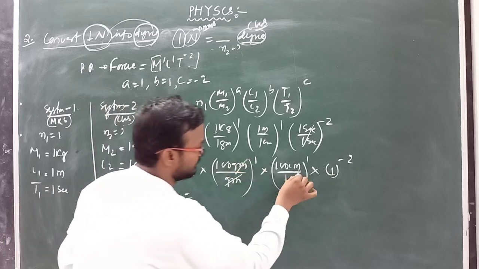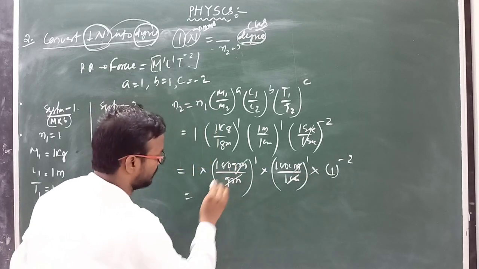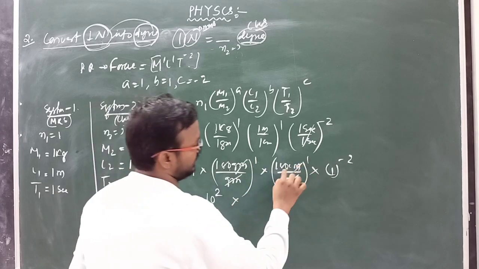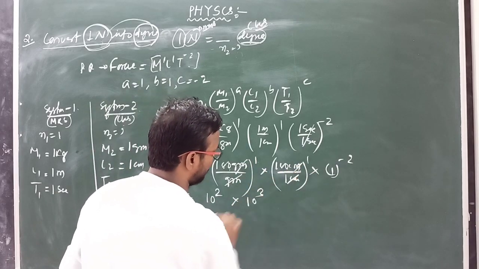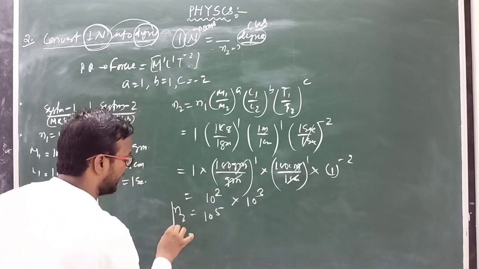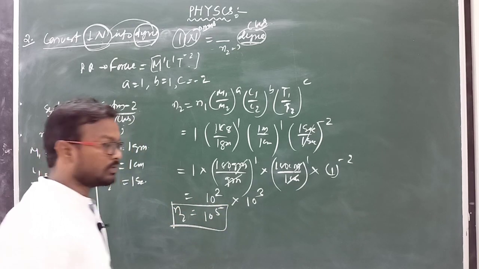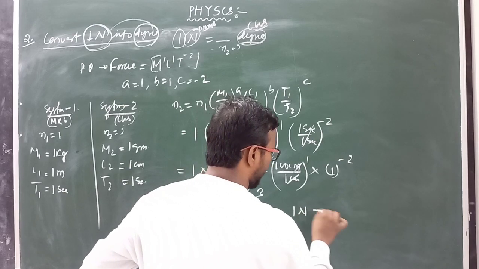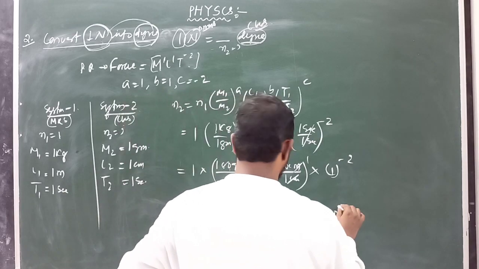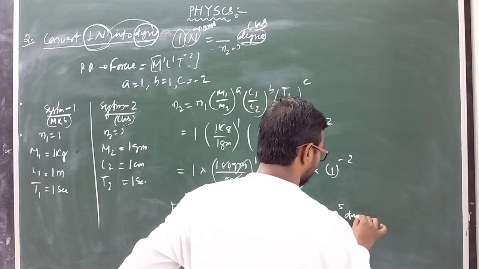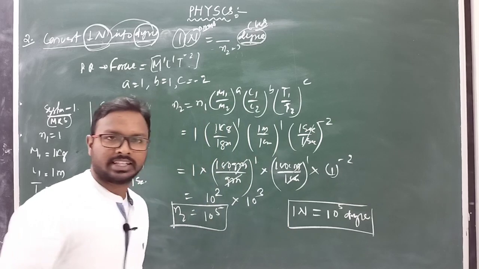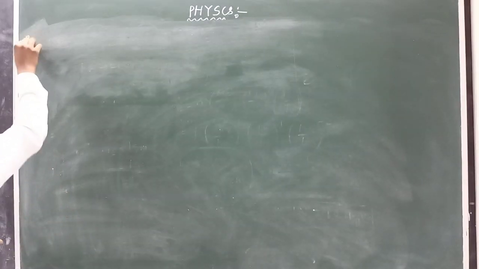Now gram and centimeter cancel, only the remaining terms are 10 to the power 2 and 1000, which is 10 to the power 3, and the remaining term 10 to the power 5 gives the numerical value of N2. So we can write 1 Newton is equal to 10 to the power 5 dyne. Clear? Question number 3.